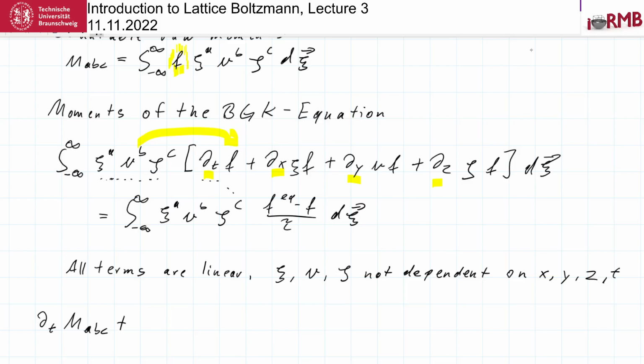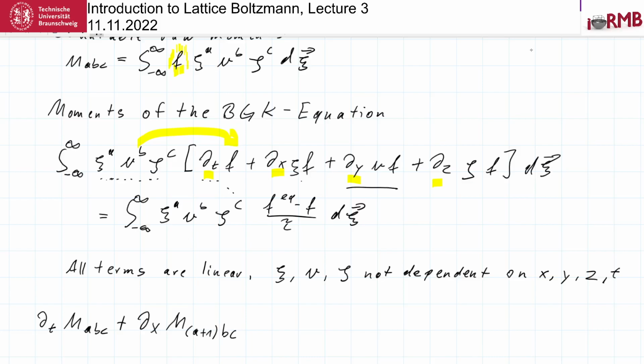The same thing can be done for the term in front of d_x, where we collect xi to the power of a, epsilon to the power of b, and zeta to the power of c and take the integral. Now we have another xi, which means we integrate over xi to the power of a plus 1, so we have m_(a+1)bc.